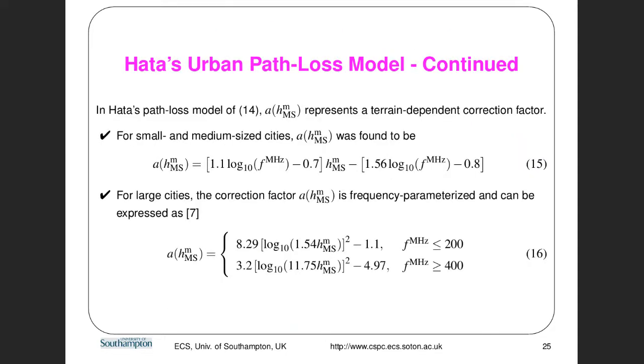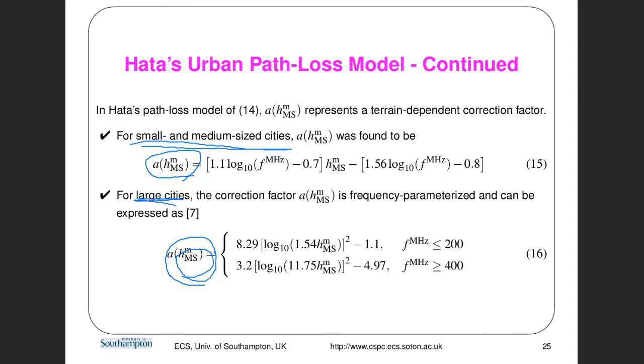For example, for small and medium-sized cities, the correction factor would give you a more accurate estimate by changing the parameters here. And then for large cities, the correction factor is like this.